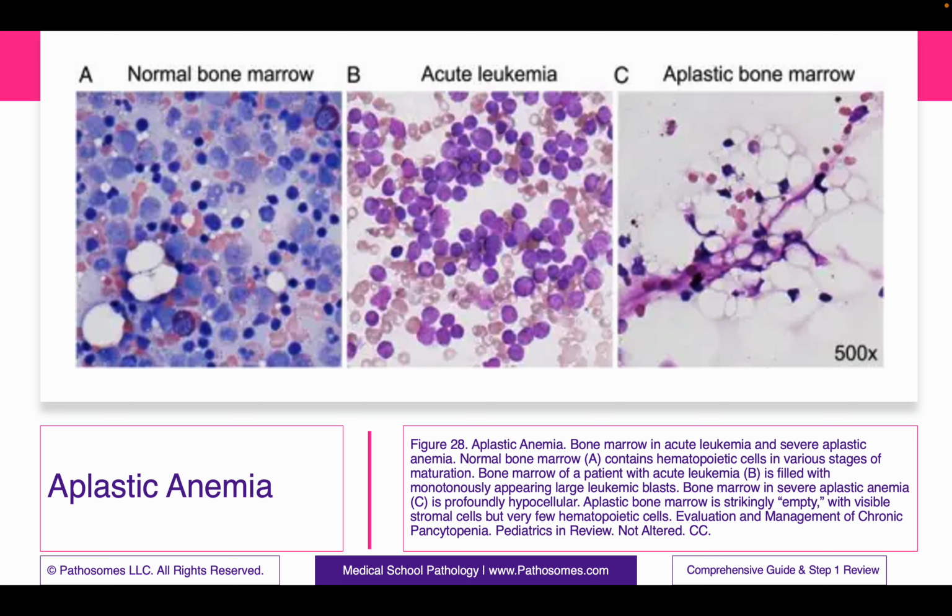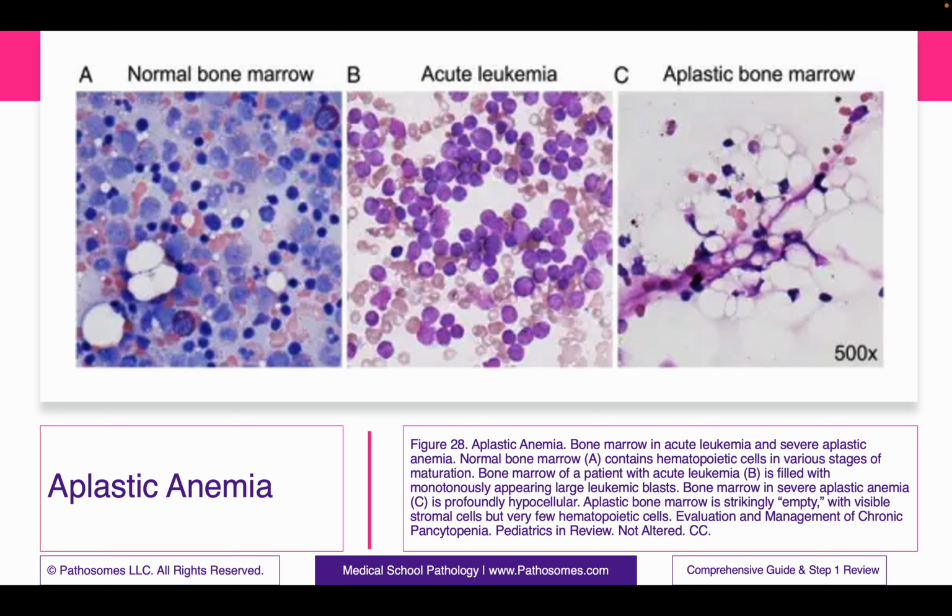Here we have three images, A, B, and C, from left to right. The left one is normal. You would hope your bone marrow looks like that for all intents and purposes. You don't want the middle one because you just see sheets of basophilic cells that look somewhat monotonous. No production of erythroids, no production of myeloids. Don't see any megakaryocytes.